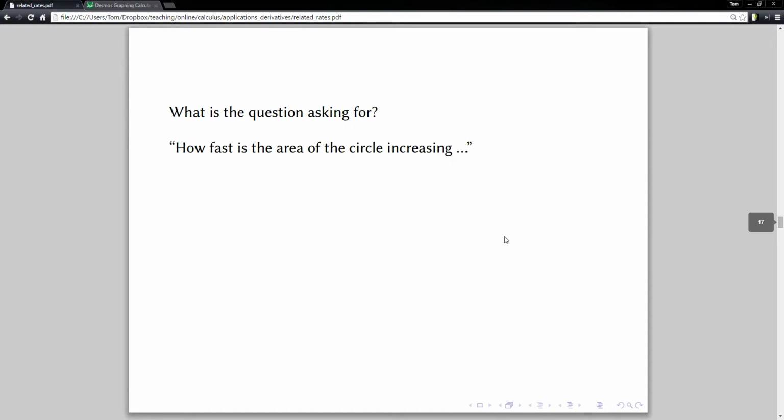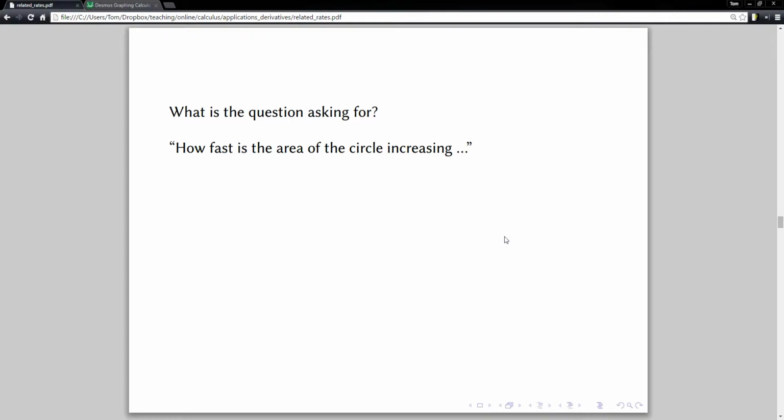The key part is where they say, how fast is the area of the circle increasing. So they are asking not for the area itself, or the radius. They're asking for a rate of change. How fast? At what rate is the area of the circle increasing?